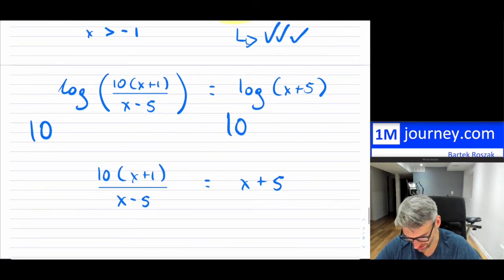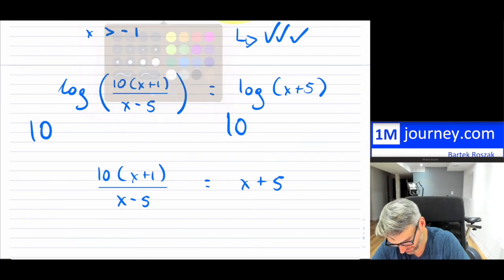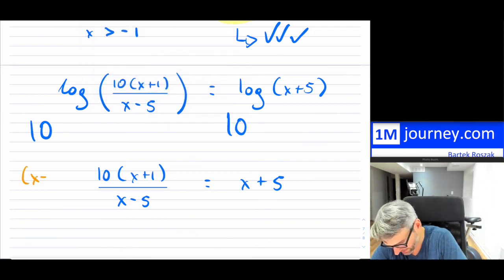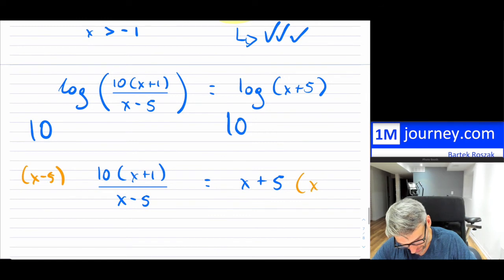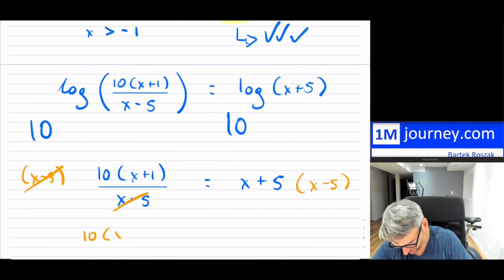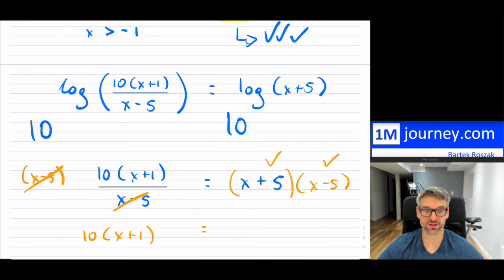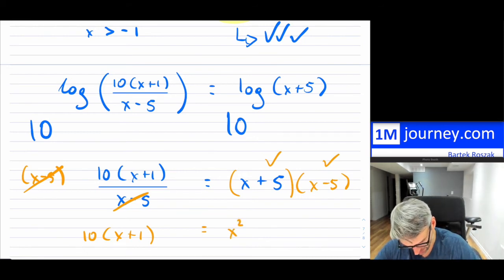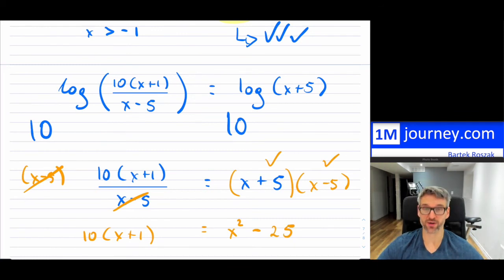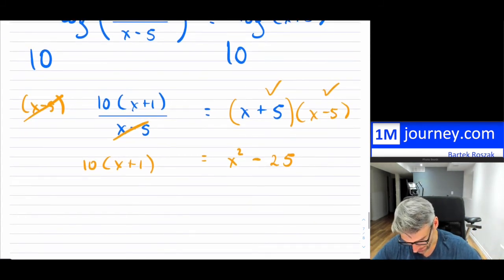Now solving this, I'm going to multiply both sides by x minus 5, because I want to get rid of that thing from the denominator. So I have 10 times x plus 1, and on the other side, the multiplication of these is actually a difference of squares. It's going to be x squared minus 25. You're using a lot of tools from quadratics and others to solve these things.